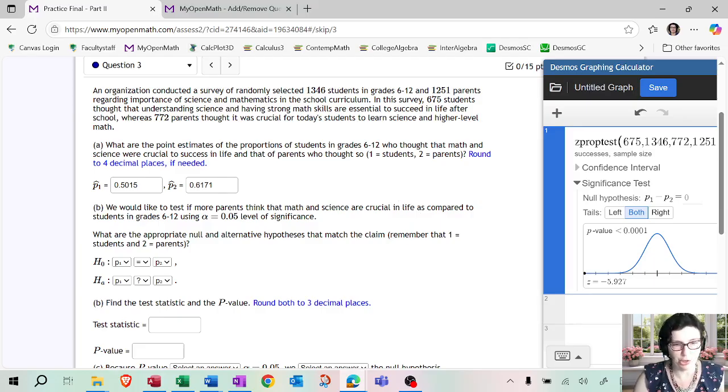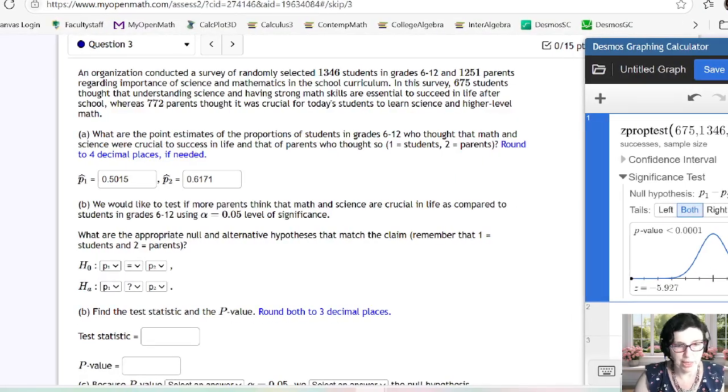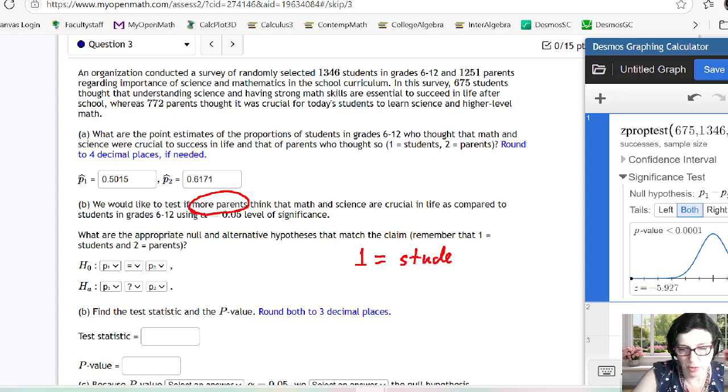Everything really depends on the claim. So it says more parents, right? It says more parents think that math and science are crucial, but what's number 1 and what's number 2? So here is what I would do if I were you. On a piece of paper, I would write, okay, number 1, that's students, because it's going to depend on who is number 1 and who is number 2. Number 2 is parents.